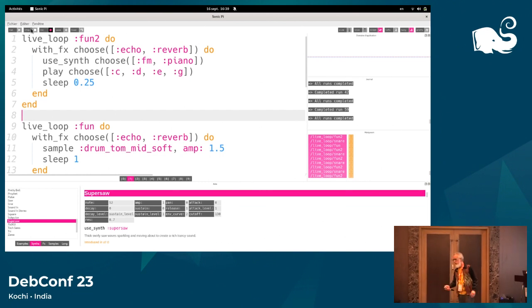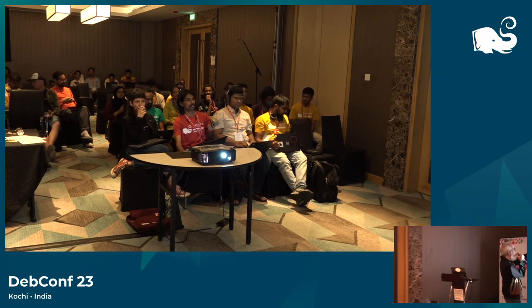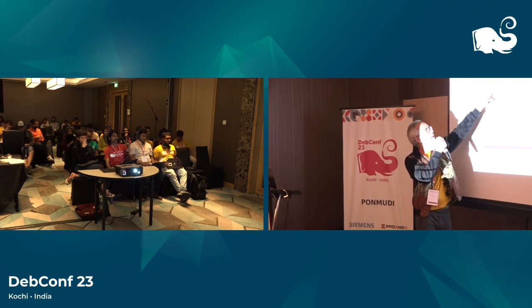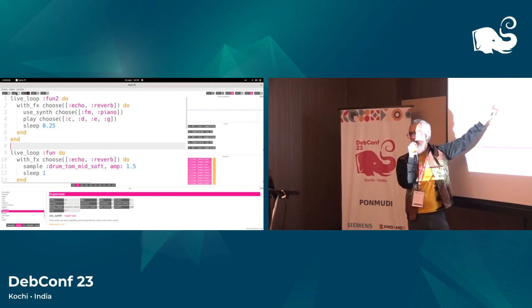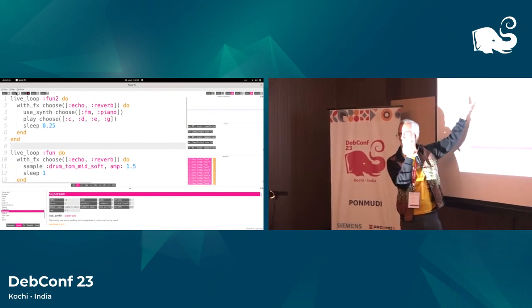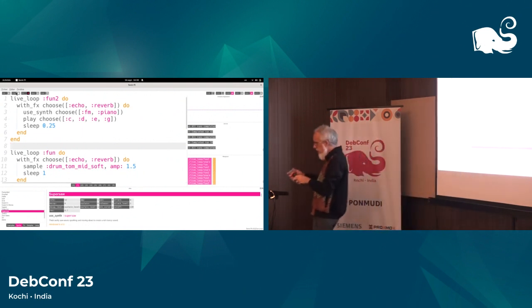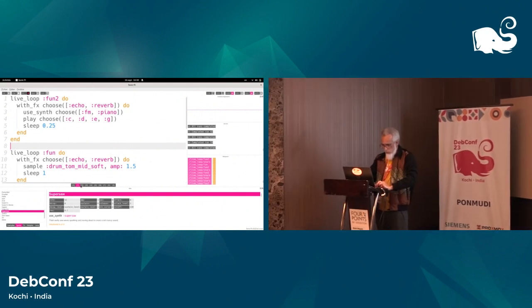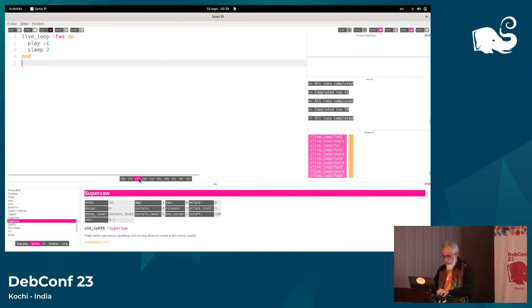So is it possible to choose between the sleep times as well? The sleep time? Yes, you can use the choose function the same way. For example, inside you can put, let's say, 2, 3, 1, then it's going to select 1 and sleep 1, or the next time it's going to select 2. I will show you. I'm going to do a small example here.